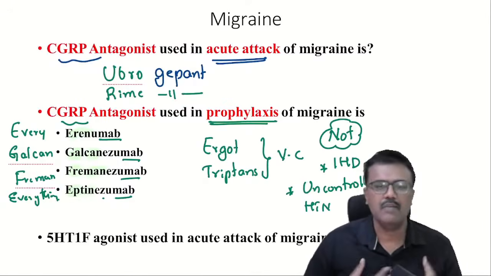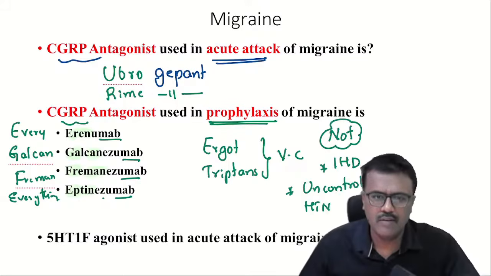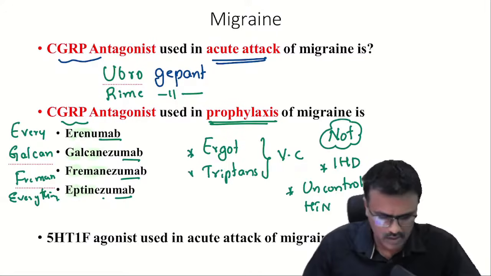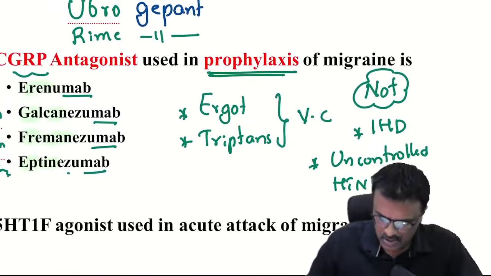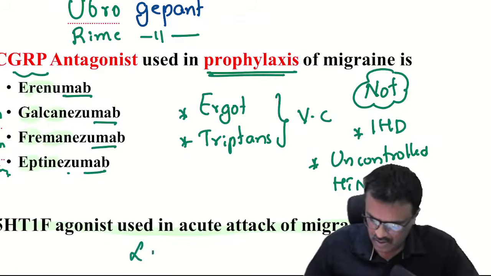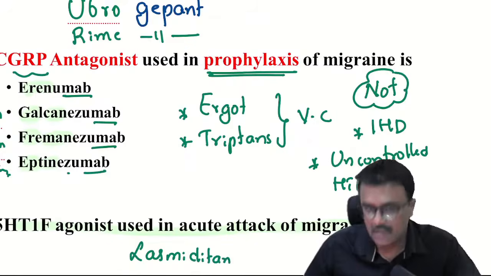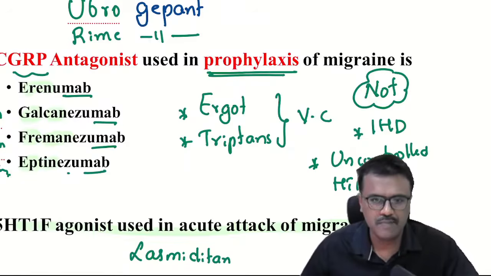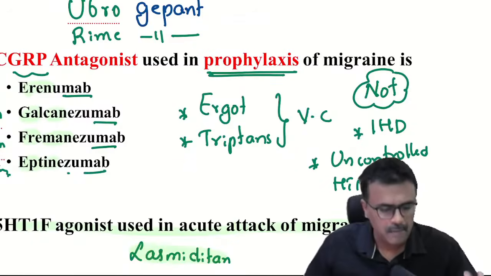Suppose a patient has ischemic heart disease and she comes with acute attack of migraine, you cannot give this. So is there any drug which has come up? Yes, we have a 5HT1F agonist used for acute attack of migraine. The name is called lasmiditan. This drug will not cause vasoconstriction, so you can use it in patients with CVS risk. That is why this will be tested in the exam.